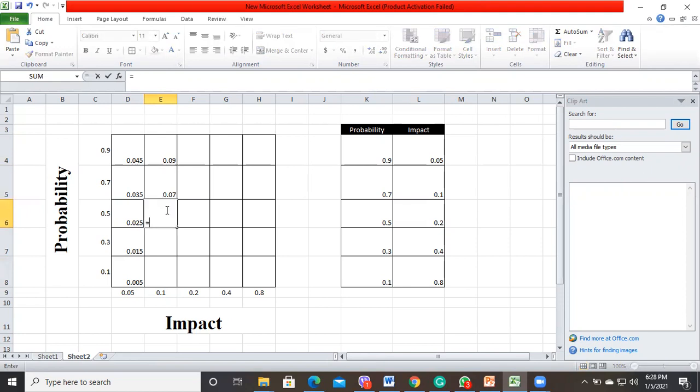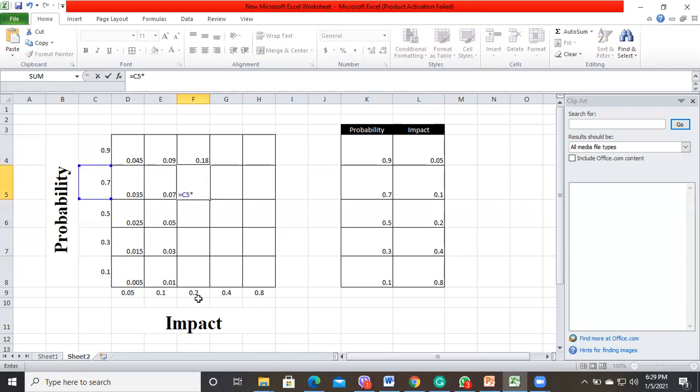Then here probability is 0.05, then impact becomes 0.1. Then here probability 0.3, the impact of that particular box is 0.1. Then the last one, probability is 0.1, the impact also 0.1. Yeah, then that's easy. You can complete this in an easy manner. You can complete this as probability into impact. That's just simple.